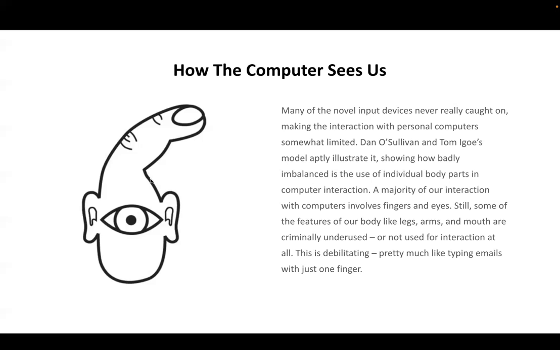This is also one of the models showing how the computer looks at us. First we have the eyes, and we can see what the computer shows on the screen. Then with the ears we can hear the reaction of the computer based on our actions, and the computer sends us voice as a signal.